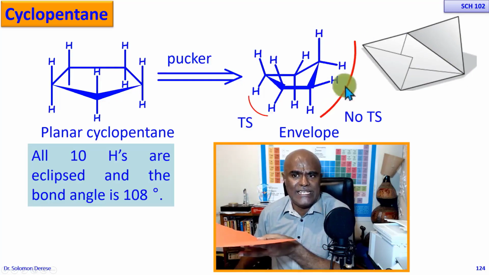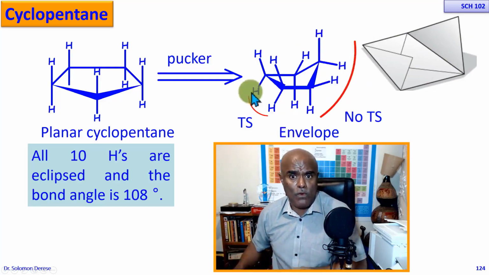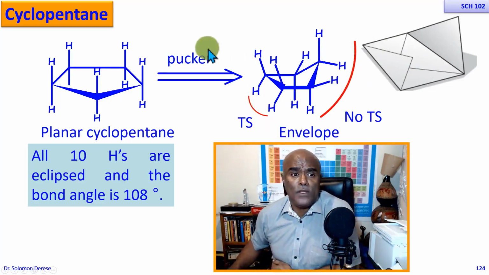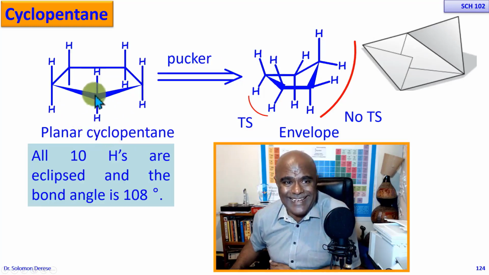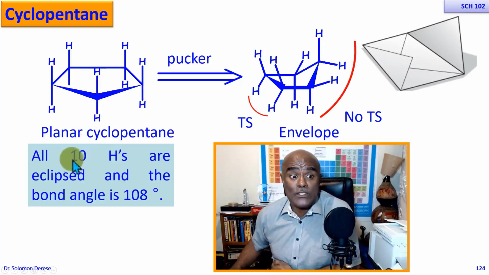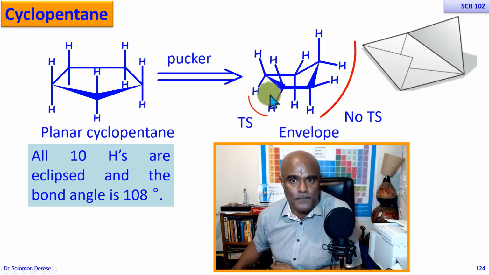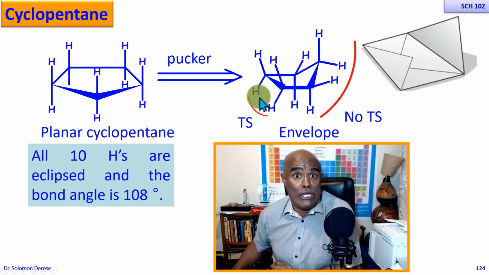So this is called the envelope conformation, and cyclopentane will adopt this envelope conformation because as a result of going to the envelope conformation, the torsional strain across here is relieved. So no torsional strain in here. Of course, there will be some torsional strain here. All the same, compared to the planar cyclopentane, which has all its hydrogens eclipsed, where it suffers torsional strain across all the carbon-hydrogen bonds, in the case of the envelope conformation of cyclopentane, it is only some of them that suffer torsional strain.